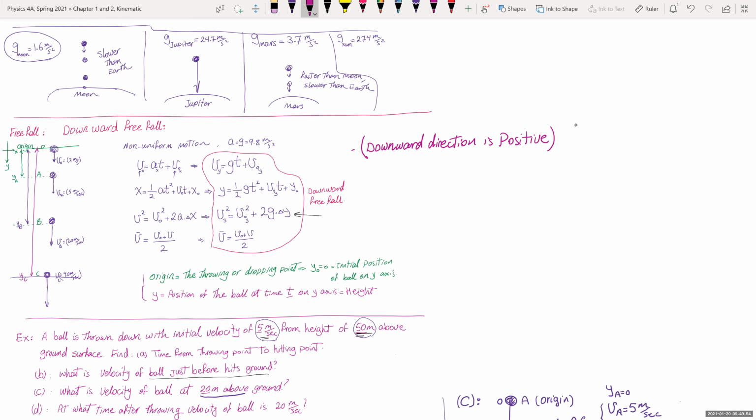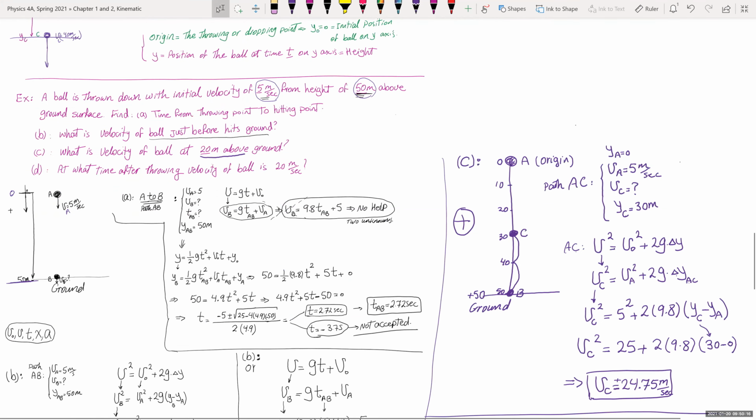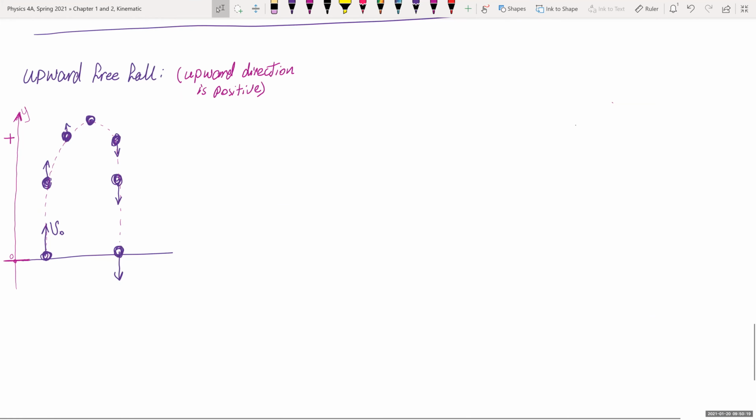In downward free fall, the downward direction is positive. In upward free fall, the upward direction is positive. Okay, therefore, guys, gravity is always down.